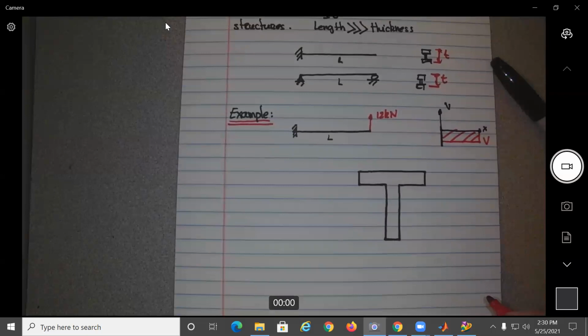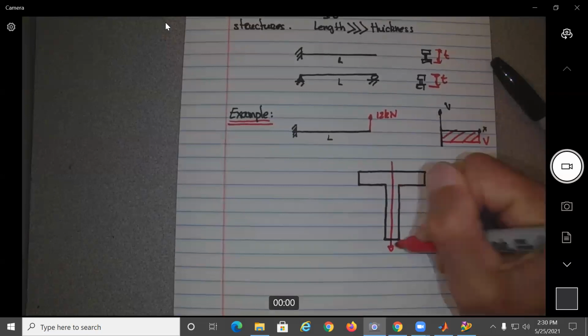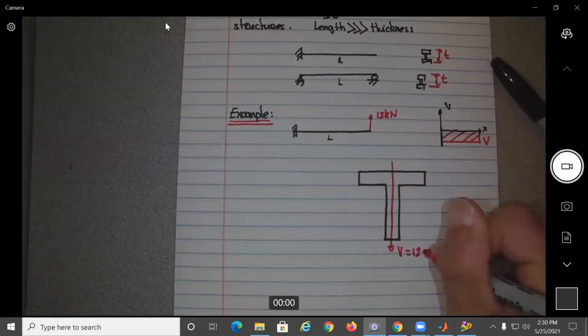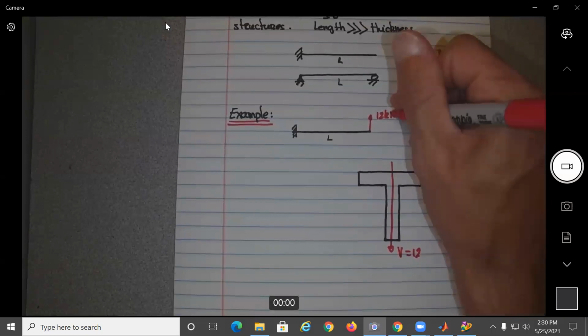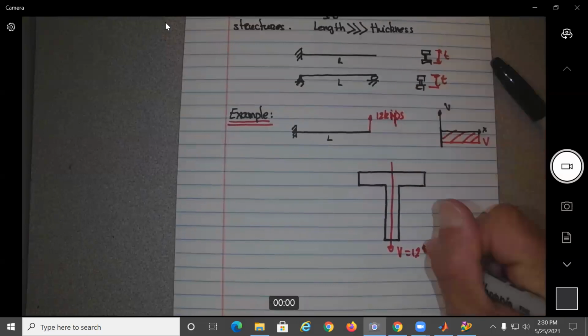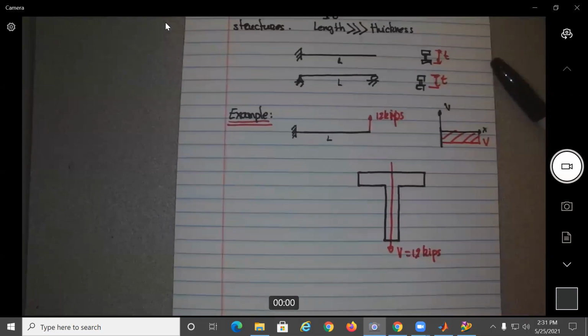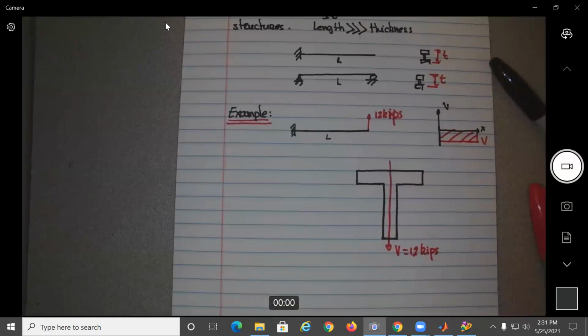So we could say this is a shear force over here, V equal to 12 kilonewtons. Let's change the units: this will be 12 kips instead, because I have the dimensions in inches, even though I could have changed them to centimeters. It should not matter.